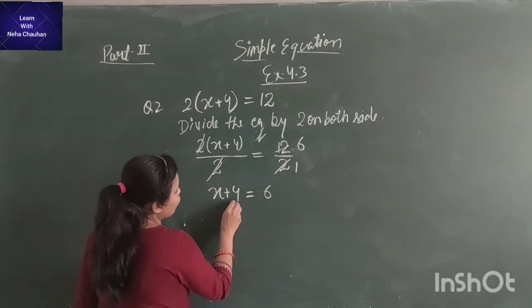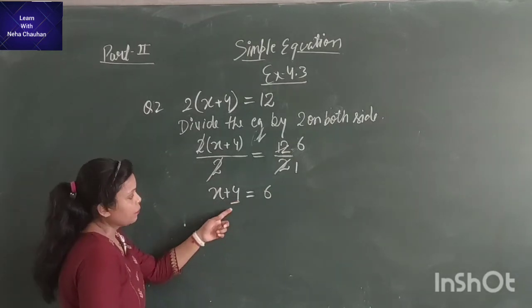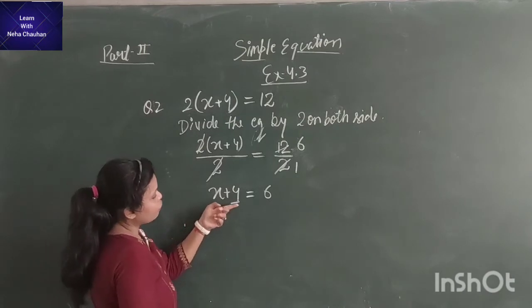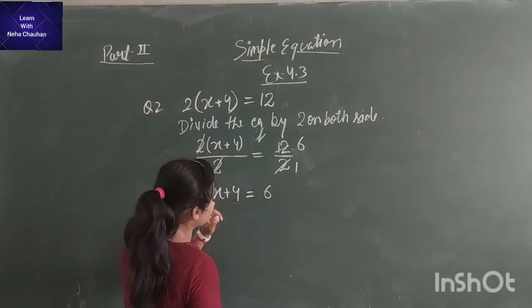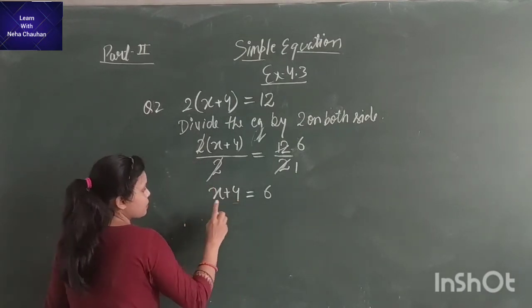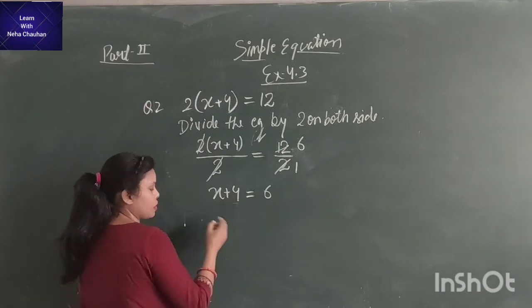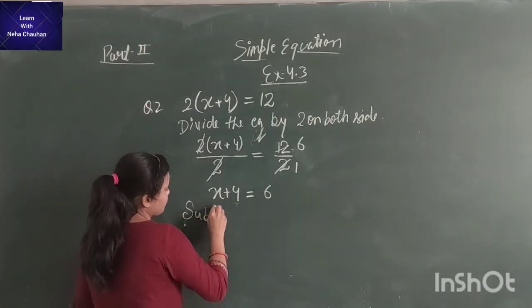Now here 4 is in addition. This is the extra part other than the variable, so we have to eliminate this. For the second step, we will subtract 4 from both sides.